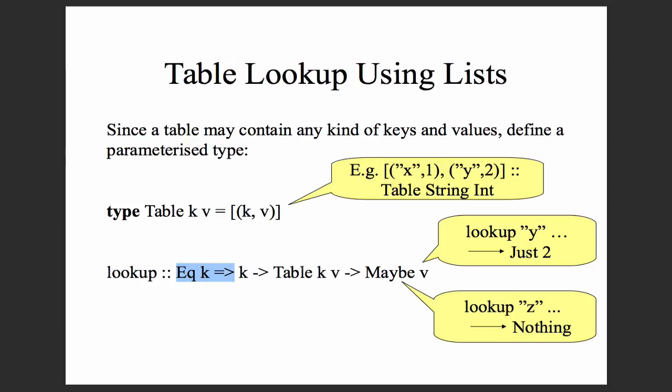If you're going to look up a key in a table, then you need to be able to test whether the key you're looking for and the key in the table are the same. And to do that, you need to have an equality operation. Okay? So this is just the type class constraint that says this works for every type which is in the Eq class. In other words, every type which has an equality comparison operation. Okay?